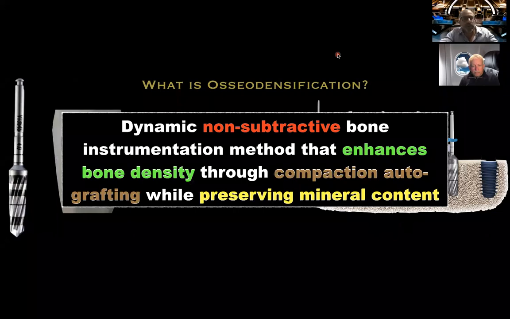We do not want to be coming back and using that bone that may be a xenograft or a hydroxyapatite bone, because we may end up with necrosis of that bone because it's not a vital bone substance. So when using osseodensification, whether it's sinus lifting or not, please stay away from things like bovine bone, because we are preserving the mineral content, and there is no mineral content that's been turned over with xenograft or with hydroxyapatite type of bone.